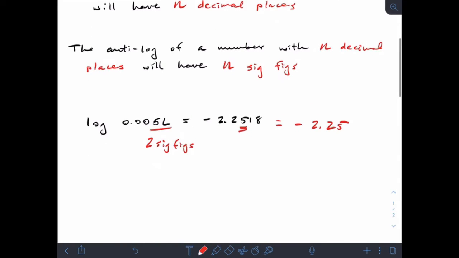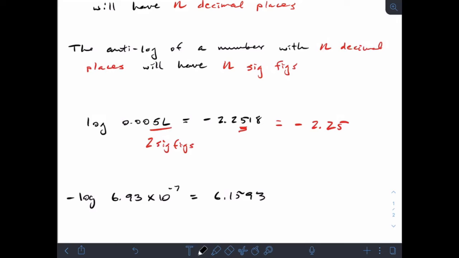In chapter 16, we're going to be doing a lot of negative log of some value, because anytime we calculate the pH or the pOH of anything, we're dealing with negative logs. Lucky for us, that doesn't change anything about these rules. If I take the negative log of 6.93 times 10 to the minus 7 and punch that into the calculator, we get 6.1593 and some more digits.